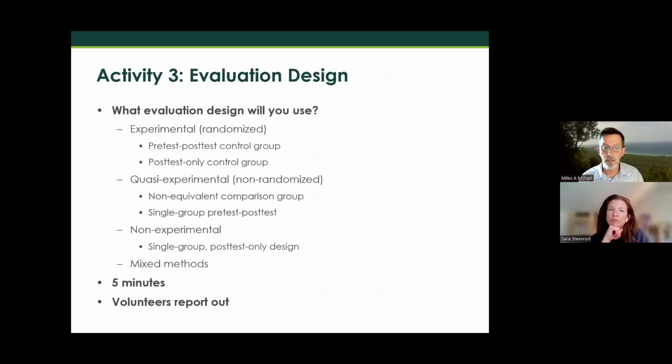So that brings us to activity 3. We'll give you 5 minutes to think about what kind of evaluation design, given what you've shared already about your outcome and your indicator and your sample, what kind of design are you likely to use? Experimental, quasi-experimental, non-experimental? Maybe you're going to use a mixed methods design.